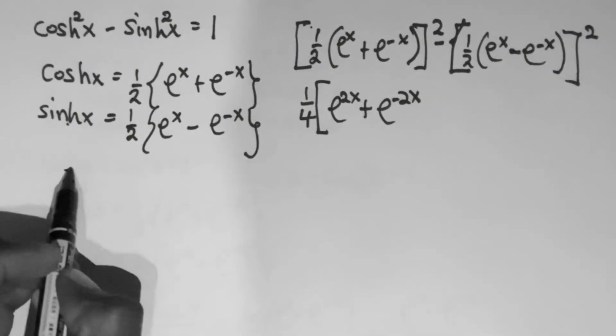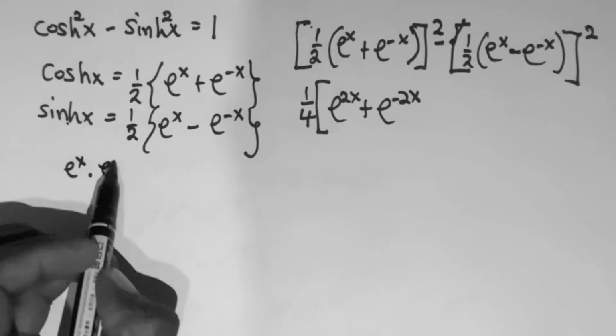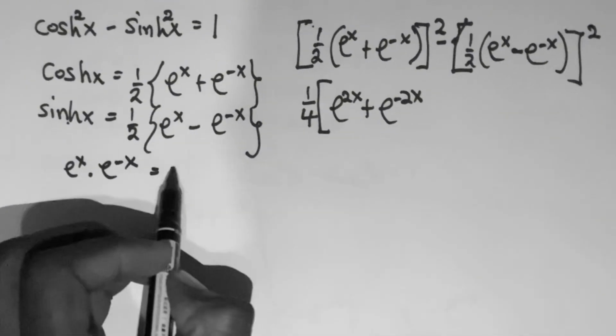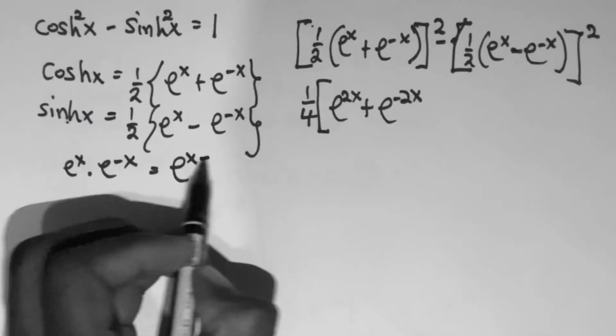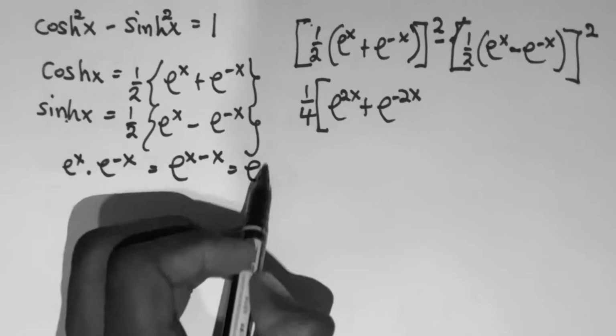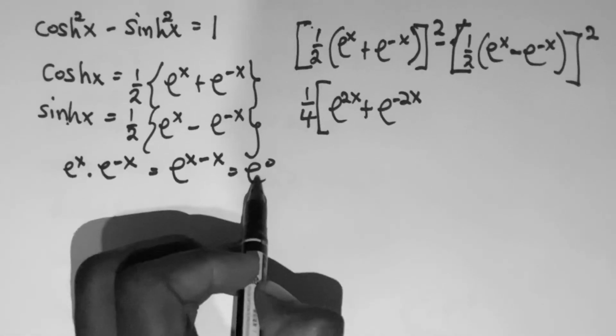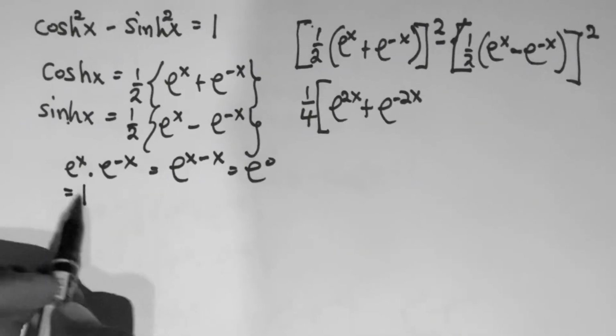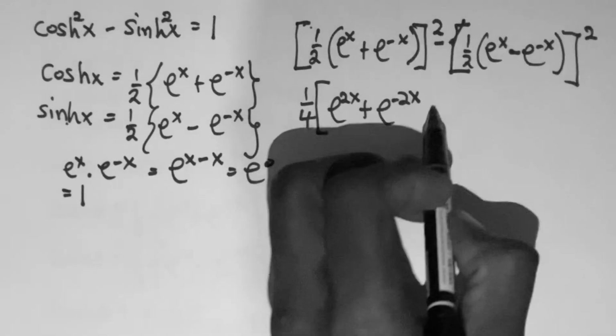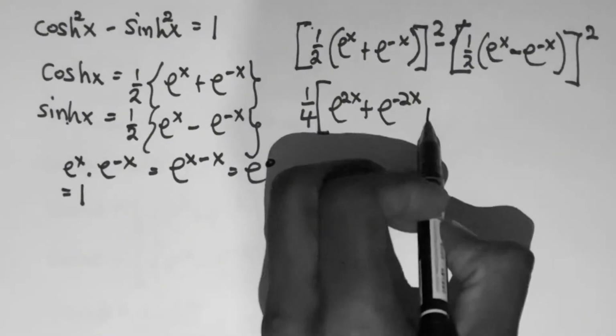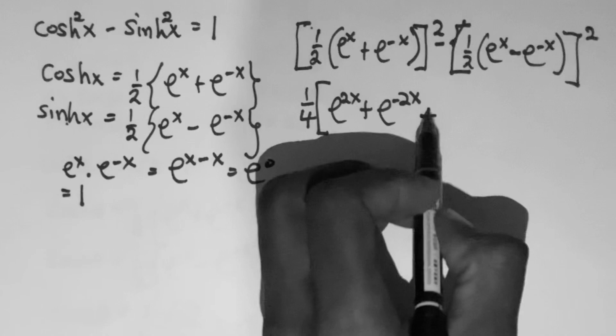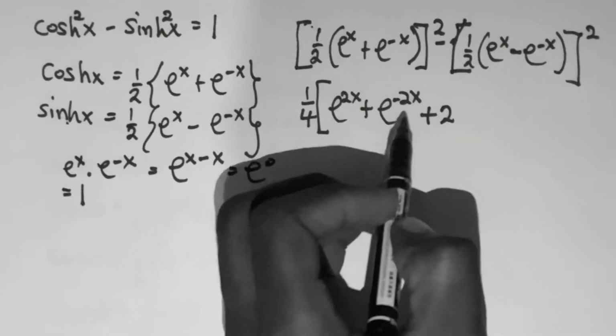But remember that e^x times e^(-x) is equal to e^(x-x), which is equal to e^0, and e^0 is 1, so I will just write plus 2 times 1, and that becomes plus 2.